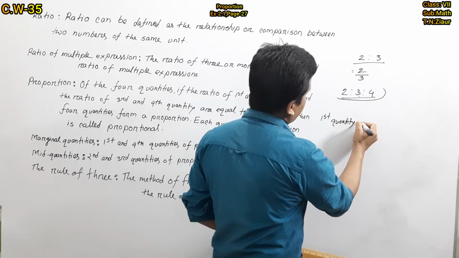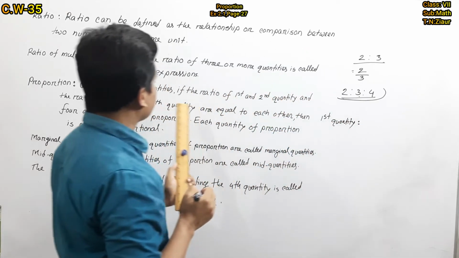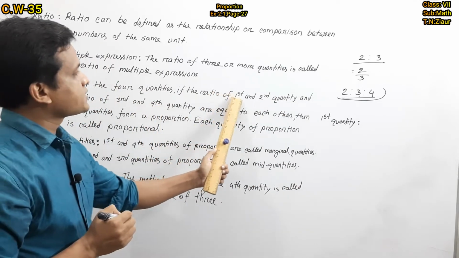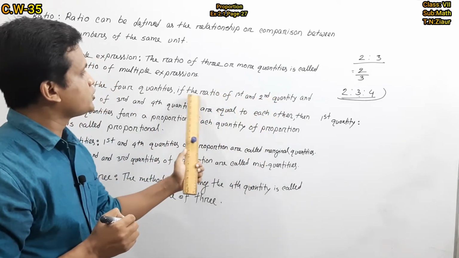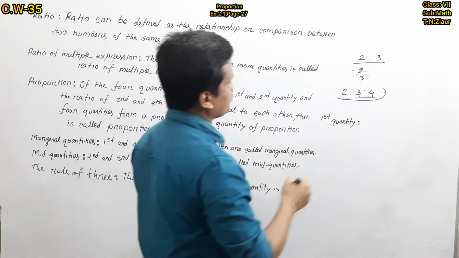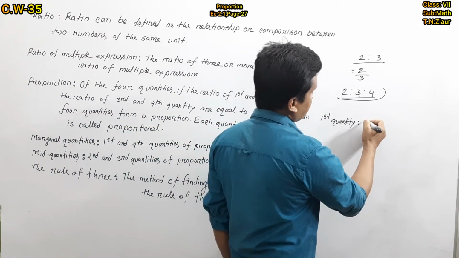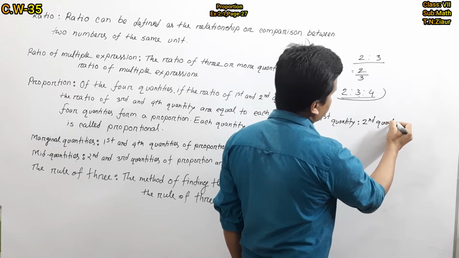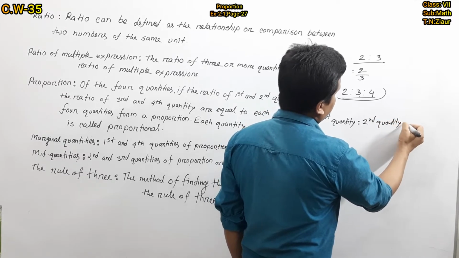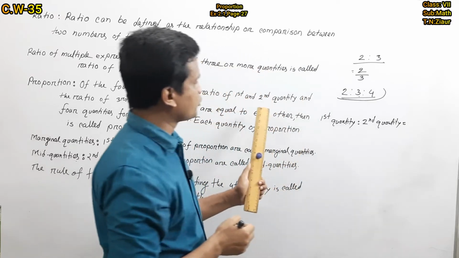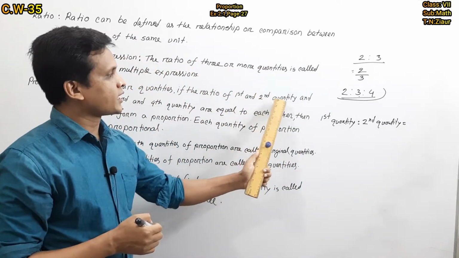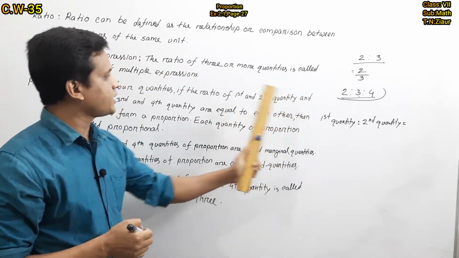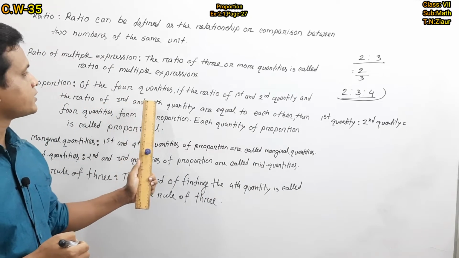The ratio of the first and second quantity, that means first quantity is to second quantity, is equal to the ratio of the third and fourth quantity.